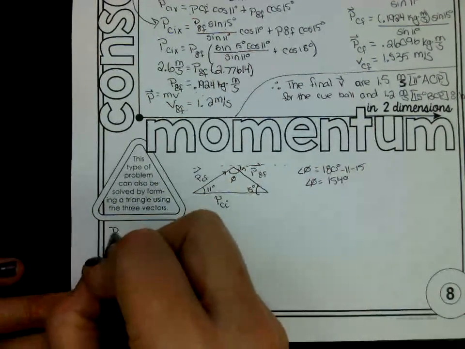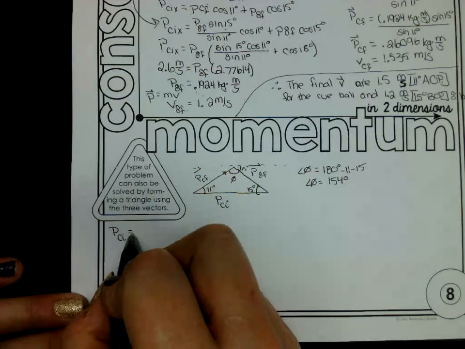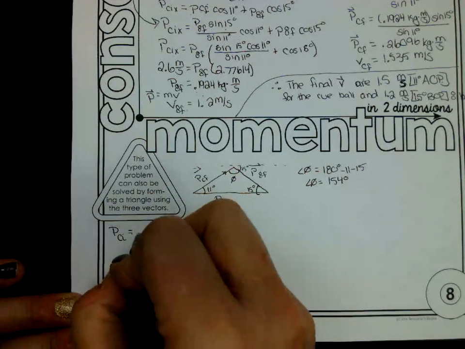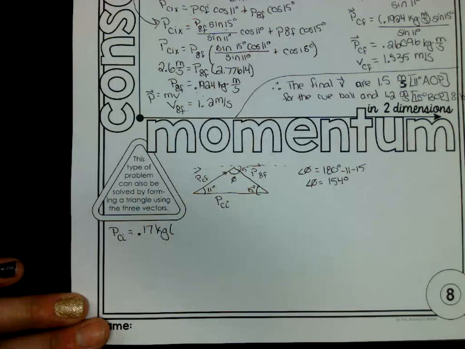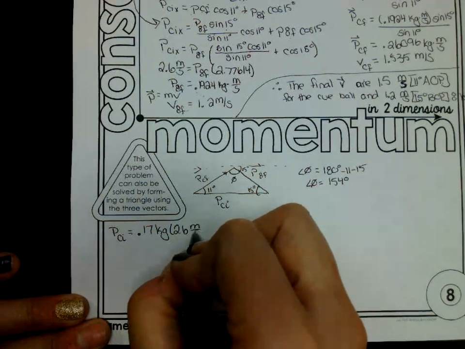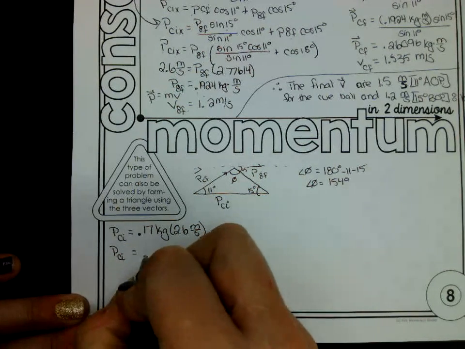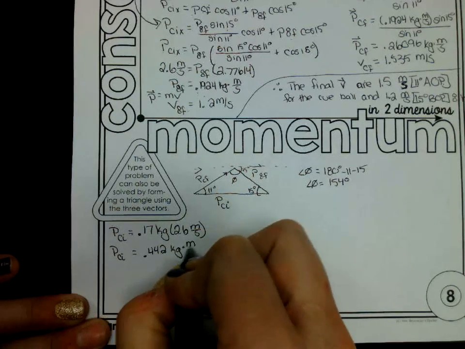I can calculate my momentum of the cue ball initial, which is equal to its mass. The problem says the cue ball's mass is 0.17 kilograms, and its original velocity is 2.6 meters per second. So the momentum of the cue ball initial is equal to 0.442 kilograms times meters per second.